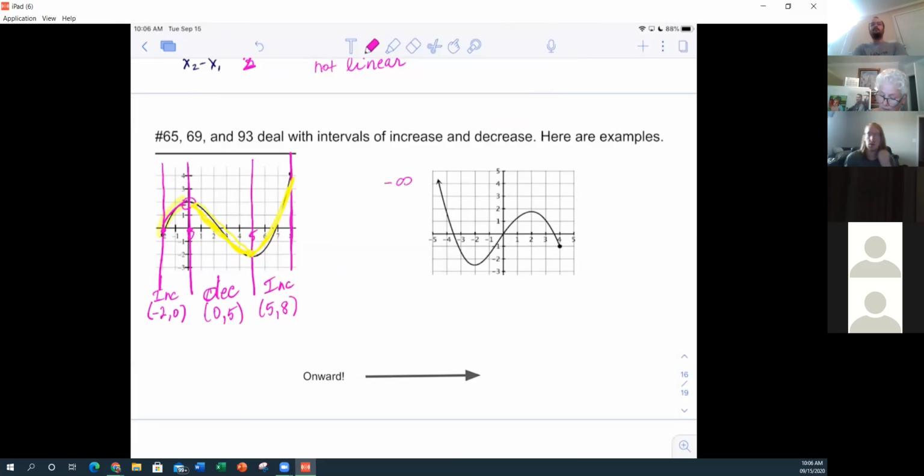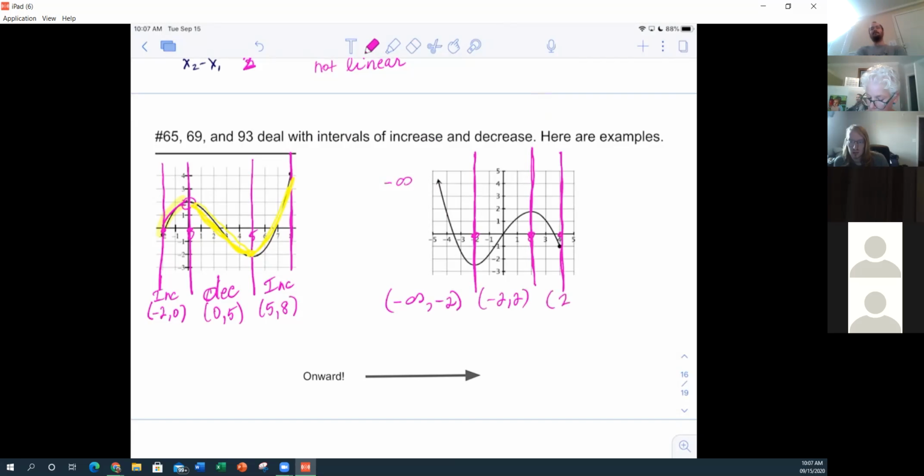So then what I do from there is, again, everywhere there's a hump or a defined endpoint, I'm going to draw a vertical line that crosses the x-axis. So there's a hump here, there's a hump here, there's an endpoint here. So our intervals are from negative infinity to -2, and then from -2 to 2, and then from 2 to 4.